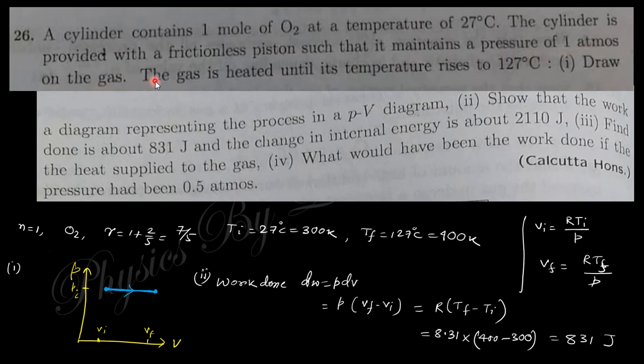So the pressure is 1 atm. The gas is heated until its temperature rises to 127 degrees centigrade. Draw a diagram representing the process in a PV diagram, so that the work done is about 831.